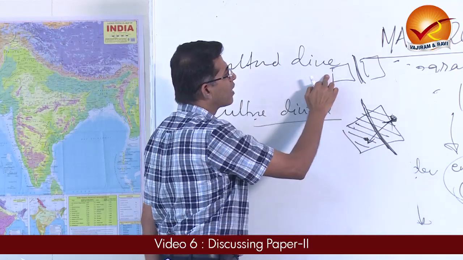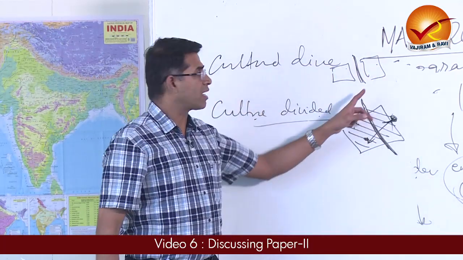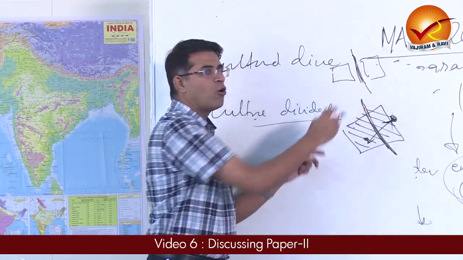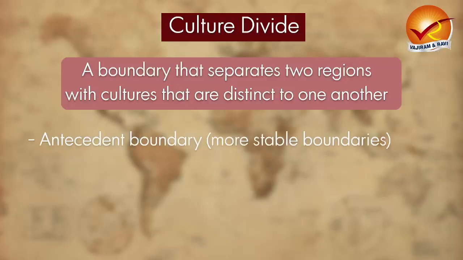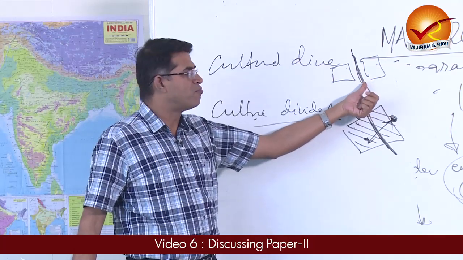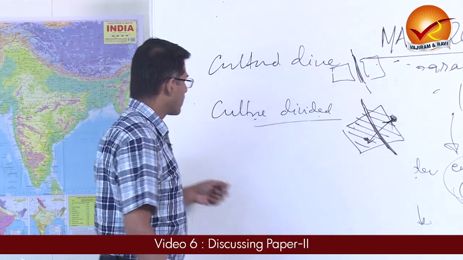In the other one, I must compare 2 regions where the cultures are actually different, and this boundary only reinforces that. So this is something like an antecedent boundary that existed earlier, and these boundaries are relatively more stable than the others. So you understand this concept?